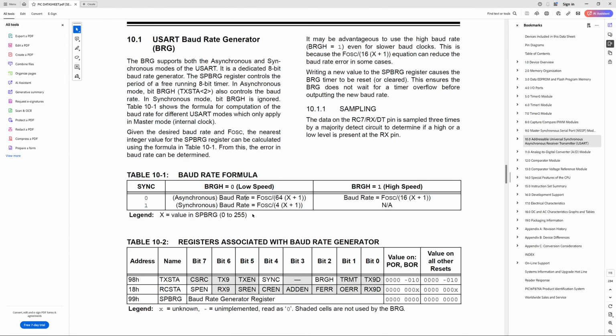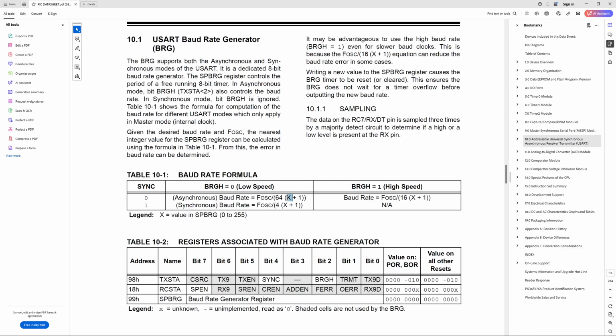Okay, so here we have a calculation. They have given frequency of oscillation. You can keep 11.0592 megahertz, 11.0592 divided by 64 plus x.